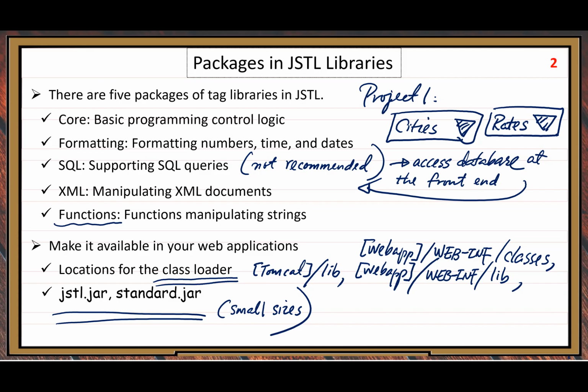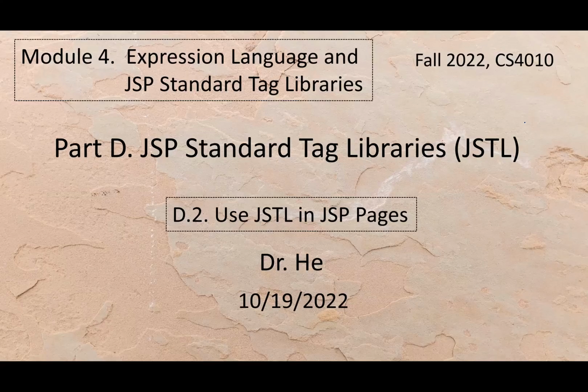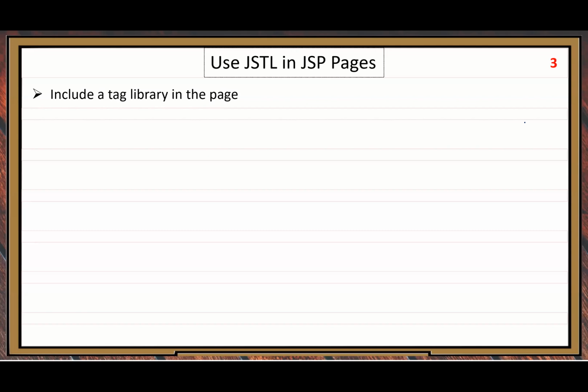All right, next. D.2, use JSTL in JSP pages. First, we need to make the libraries available for our JSP. So the first thing you need to do, include a tag library in the page.